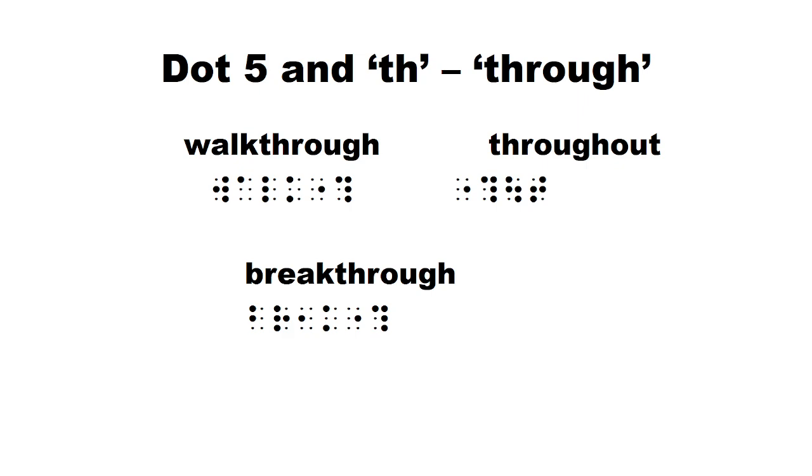So there you have it. We're able to make use of the contraction for the word through, and in other words, we can use this contraction to save a lot of cells and even to enhance our reading and writing speed.